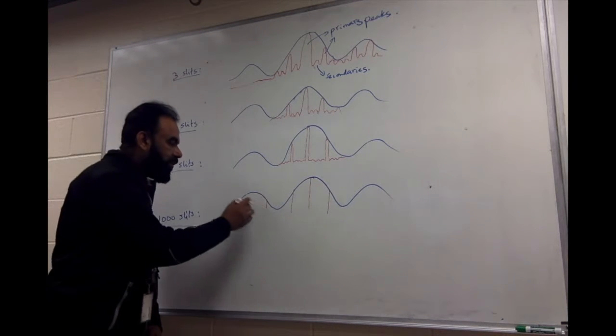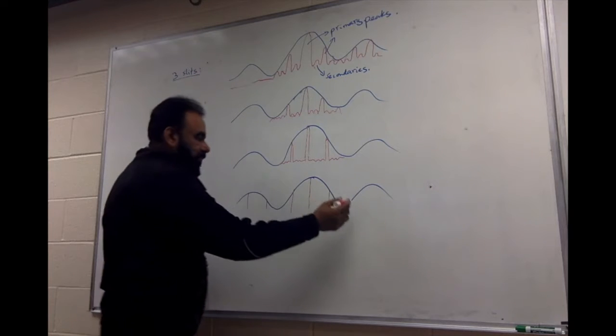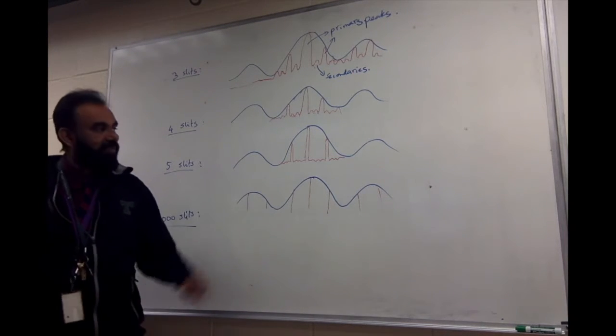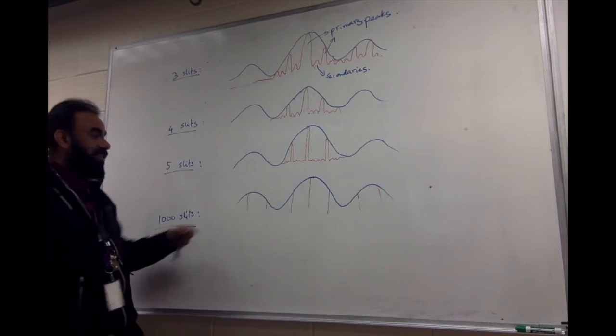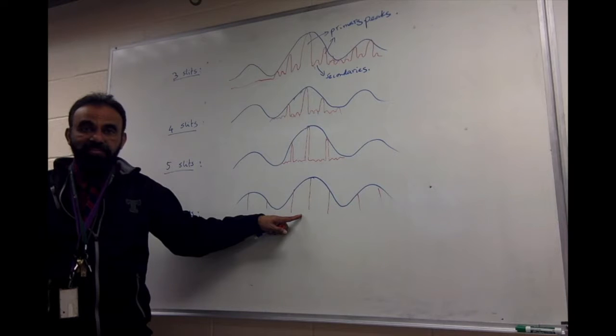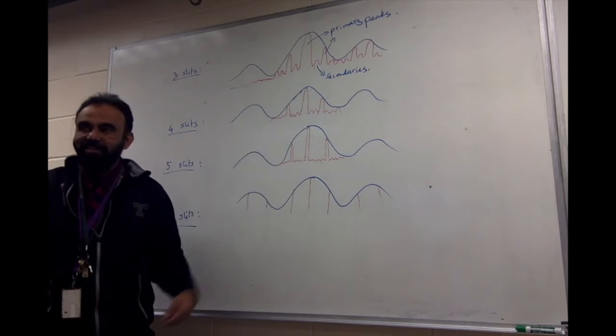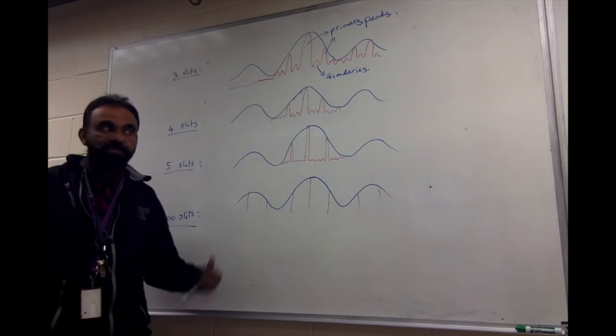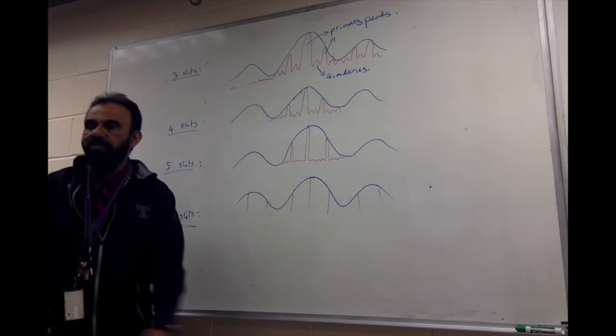You may have primaries there also, but primaries are getting narrow. If there are 1,000 slits, how many secondaries are supposed to be there? 998 secondaries. But the other consequence is it is dimmer and dimmer, and for 1,000 slits, it's so dim that it is not even visible.